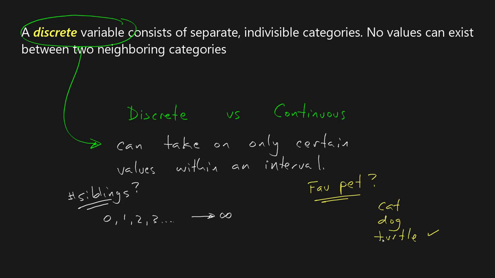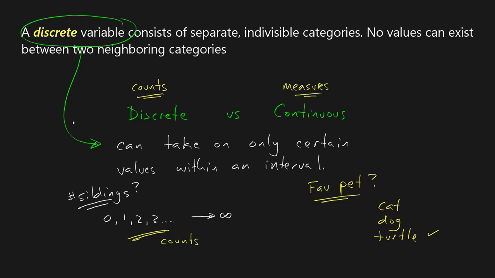So discrete data can come in the form of quantitative data, where I've got quantities. Typically counts are an easy way to identify discrete data. Discrete variables are always something we can think of as being counts, as opposed to continuous, which you'll see will be, instead of counts, measures.